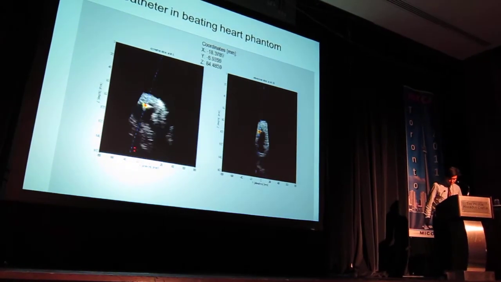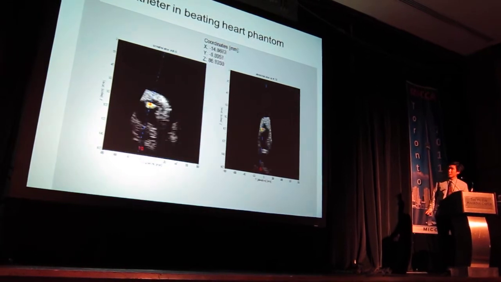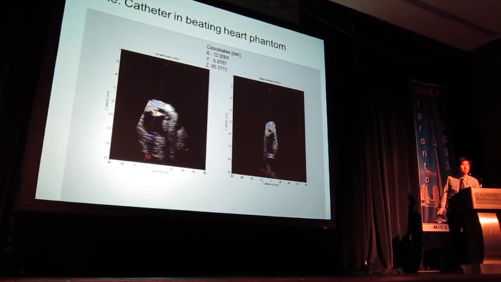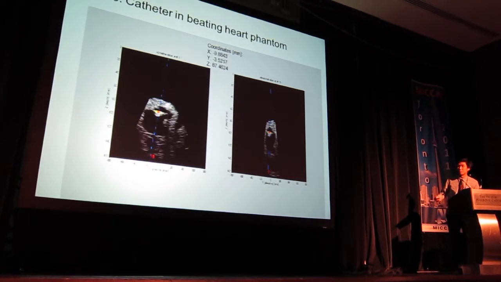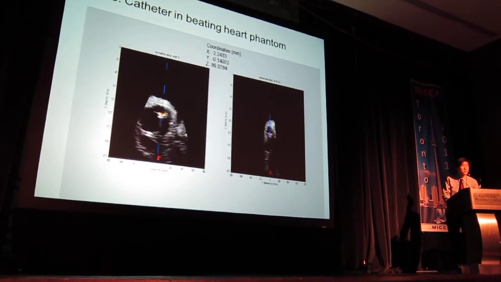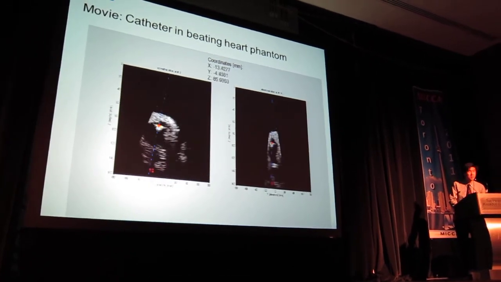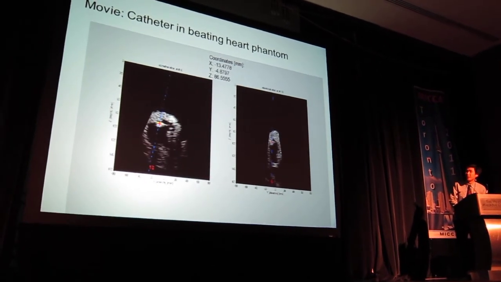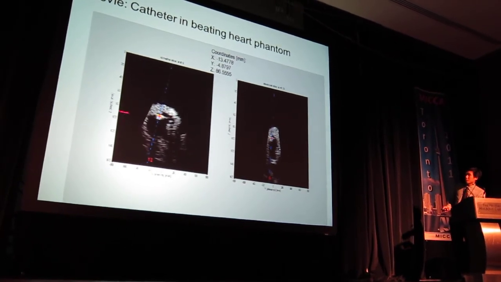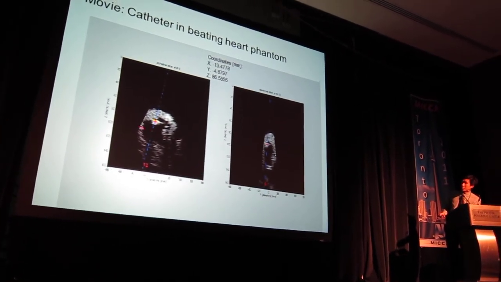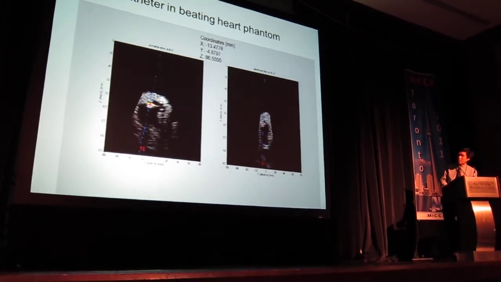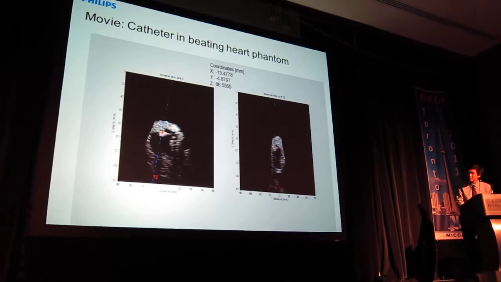So our work addresses this problem. Again, what you're seeing here is a 3D ultrasound movie. But instead of that 3D rendering that I just showed you, what you're seeing now are two orthogonal slices through the volume in azimuth and elevation. And you can see clearly the chamber again and the heart walls.